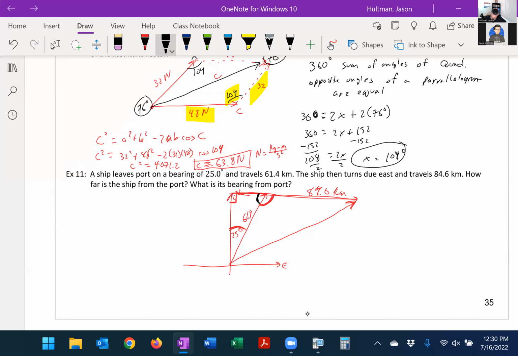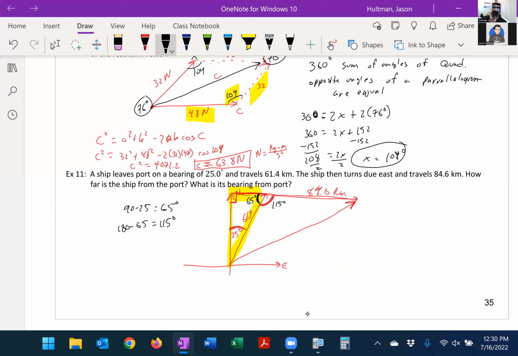Well, that's 90 minus 25, because this makes a right triangle right here. 90 minus 25 is 65. So this is a 65-degree angle. Now what is its supplement? What's 180 minus 65? That's 115. So its supplement here is 115 degrees.